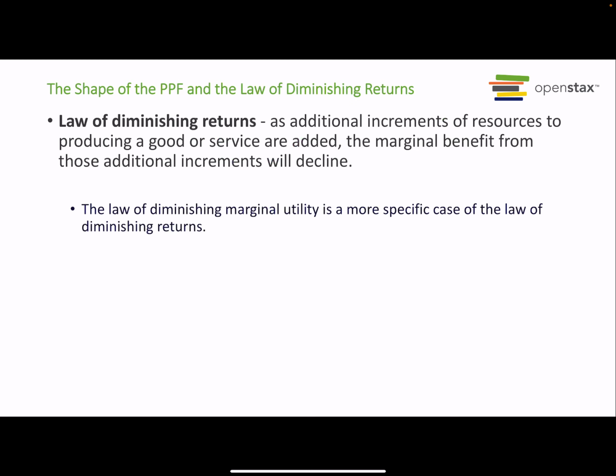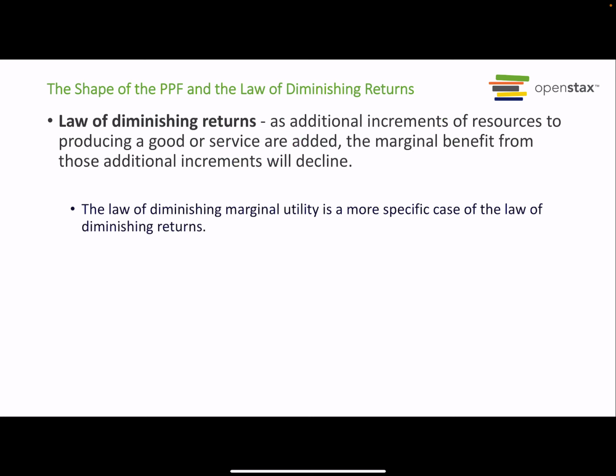So another thing that the shape of the PPF tells us is the law of diminishing returns. Just like you had the declining marginal utility for the pizza example, as we put more and more resources to producing another good, the marginal benefit, the extra value brought from those, is going to steadily decline.